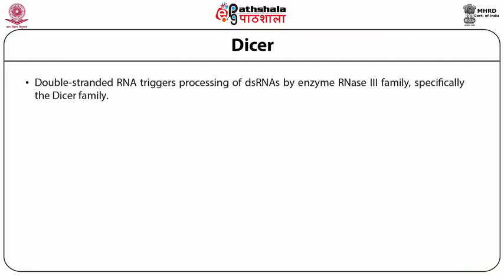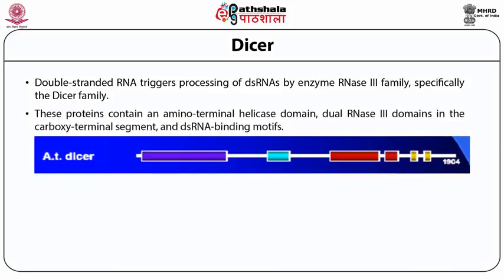DICER triggers the processing of double-stranded RNAs by enzymes of the RNase III family, particularly the DICER family. These proteins contain an amino terminal helicase domain and several other domains, a carboxy terminal segment, and so on.